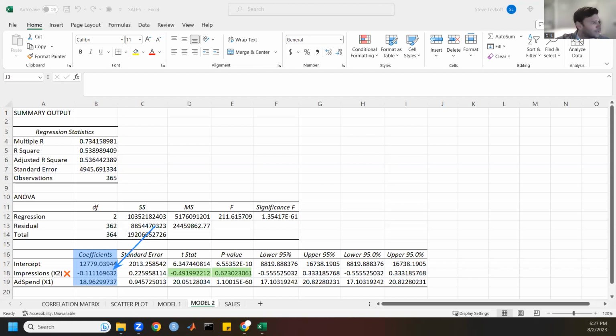The other way that you can tell this is if you look at the confidence interval, you'll notice even the confidence interval is slightly confused about the direction of the effect that impressions has, in that the effect could be as low as minus 0.555, or it could be as high as positive 0.333.